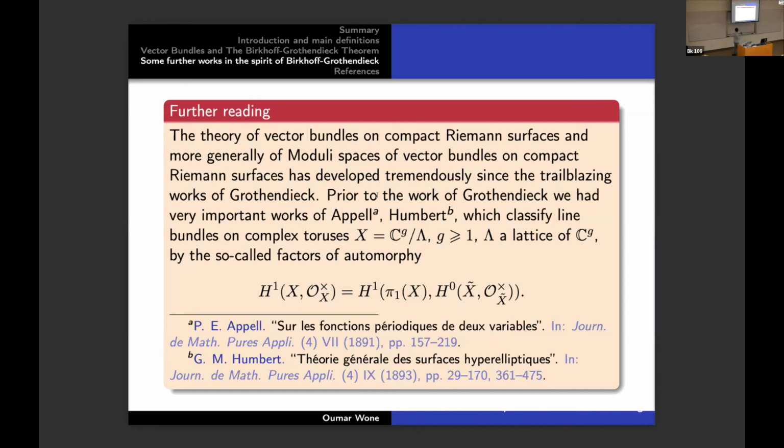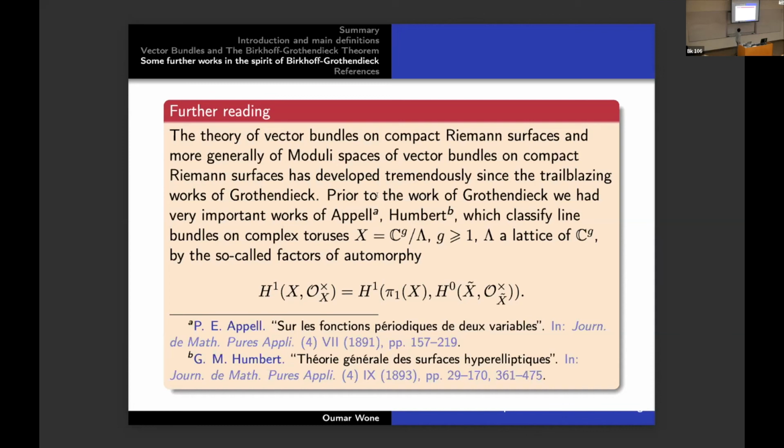Historically, the first classification of vector bundles on complex manifolds was done by Appell and Humbert, and they classified line bundles on a complex torus, which means that we take C^g and we quotient by a lattice of C^g, which is a Z-module generated by an R-basis of C^g.